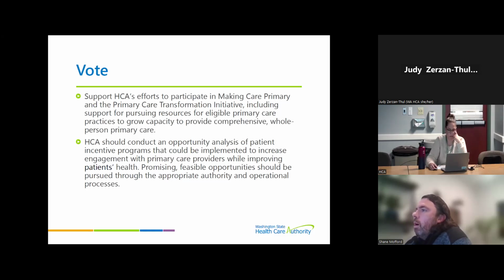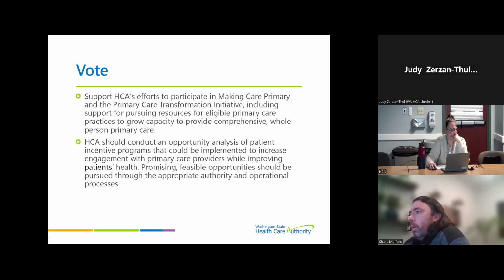I would note that there are a couple of strategies that we talked about that are not listed here that you might consider when you provide feedback. The first would be what Oregon did essentially. They passed legislation, Senate Bill 1529, that mandated primary care assignment to patients that didn't select one for themselves after 90 days.